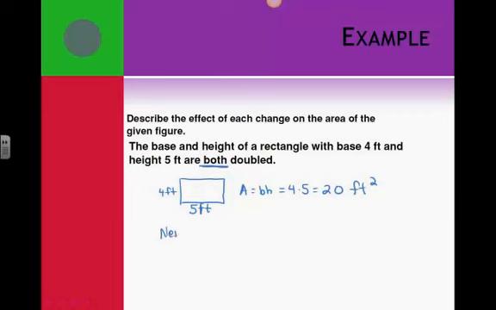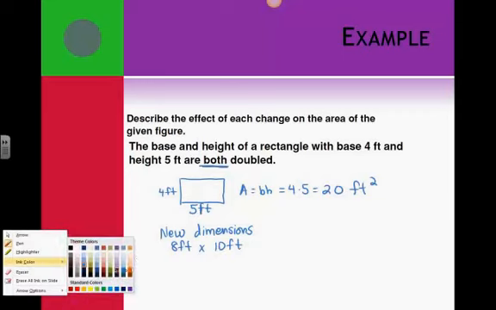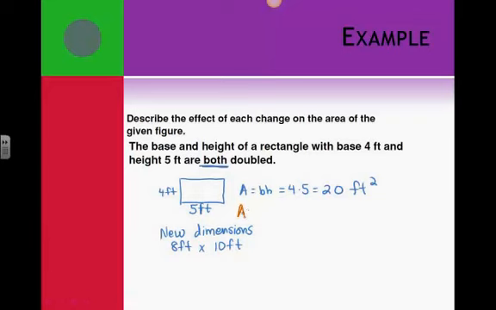Now we're going to change them both. So our new dimensions are going to be 8 feet by, since we're doubling that, 10 feet. If we want to find our new area, base times height or length times width, is 8 by 10, which is 80 square feet.